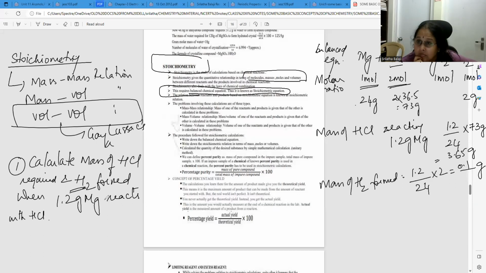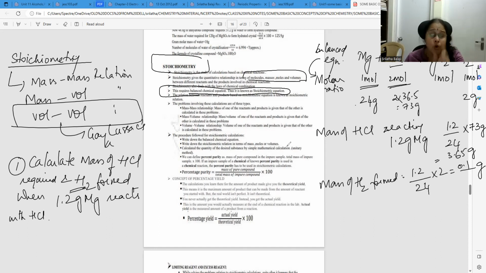Mg plus 2HCl is equal to MgCl2 plus H2. So it's a stoichiometric equation, or a balanced equation. What information do you get as soon as you see the balanced equation? These coefficients of reactants and products are called stoichiometric coefficients.